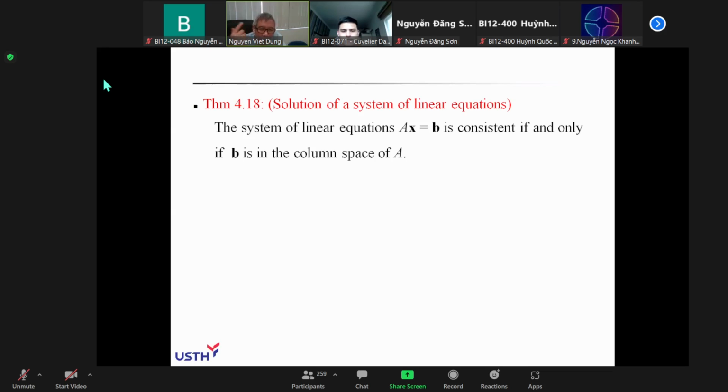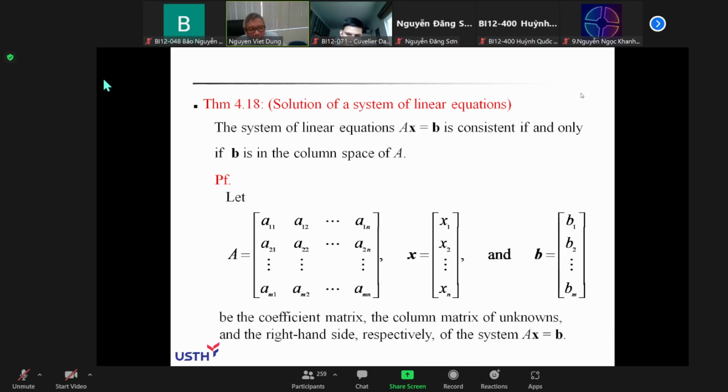The system is consistent means it has at least one solution. We have the claim that the system Ax equals b is consistent if and only if b lies in the column space of A.